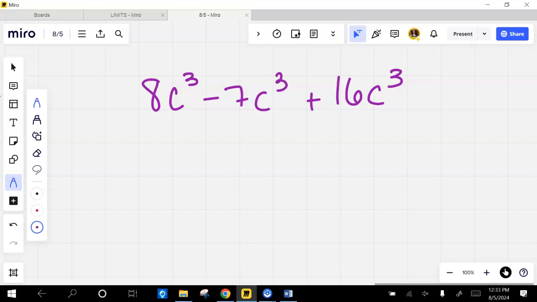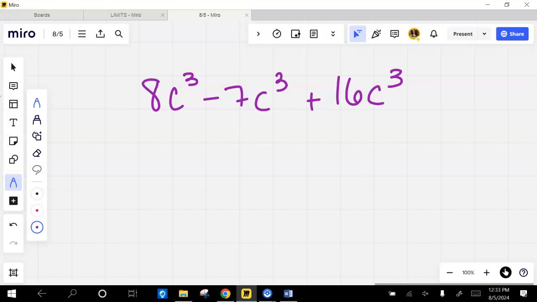What does it become when we combine it? Can we combine it? Yes, we can. C to the third is my variable, right? Exponent is the same on every single one of them. So when I combine, I could just take out my calculator and say 8 minus 7 plus 6, right?